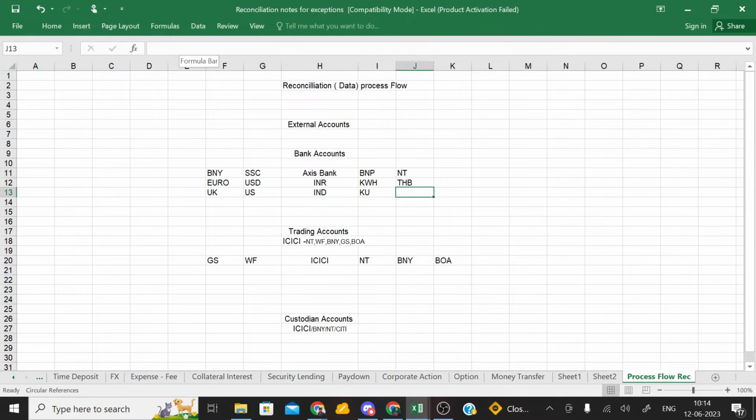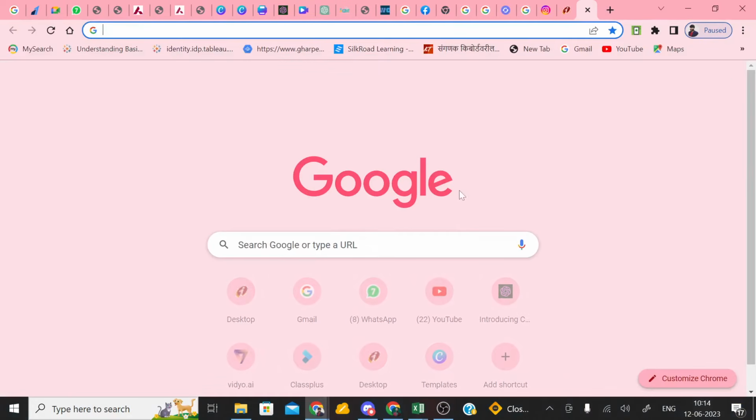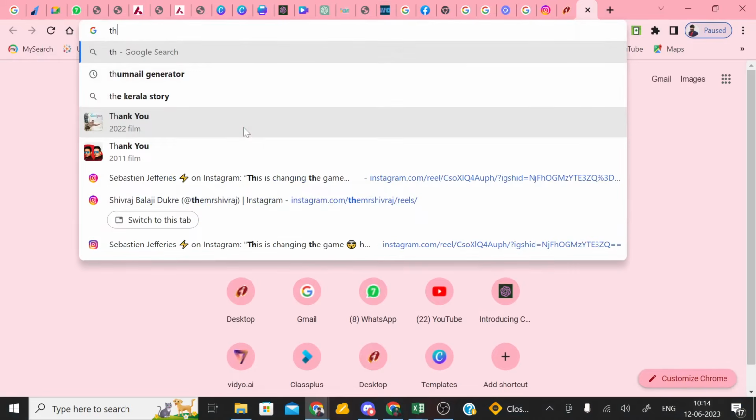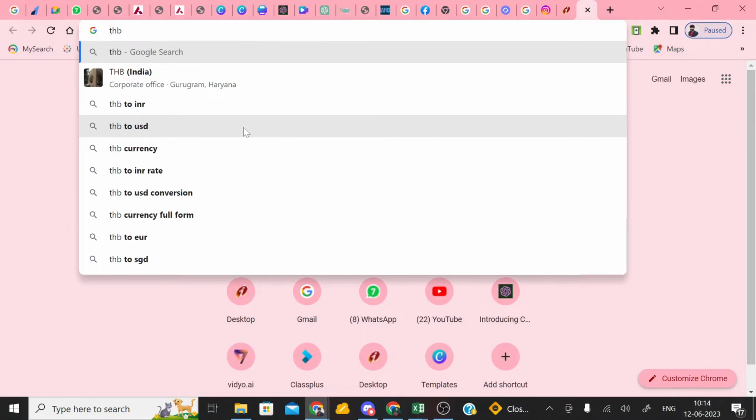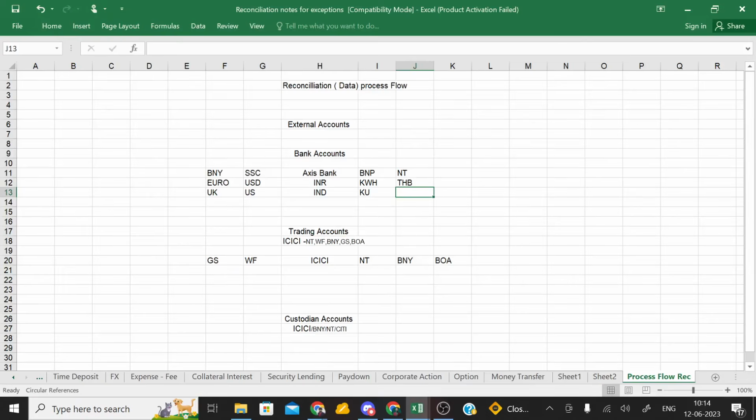THB currency, I believe, let me check. Thailand. Yes, Thai.